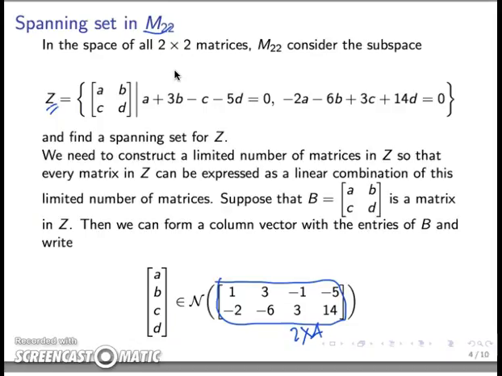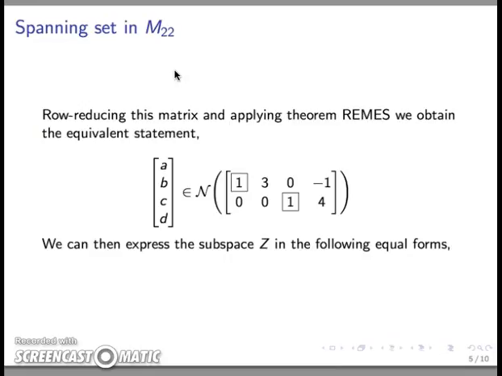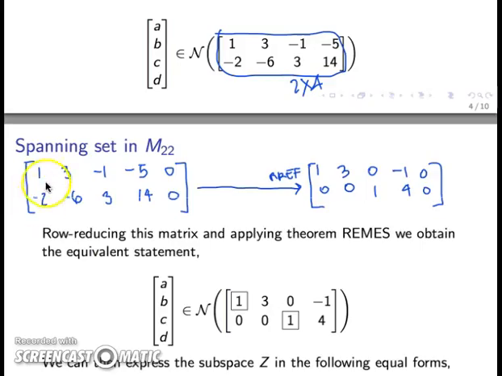So we revisit this example and do the following. We consider this 2 by 4 matrix and observe that the reduced row echelon form of that 2 by 4 matrix is this. What we have is this matrix with columns 1, minus 2, 3, minus 6, minus 1, 3, minus 5, 4, 0, 0.